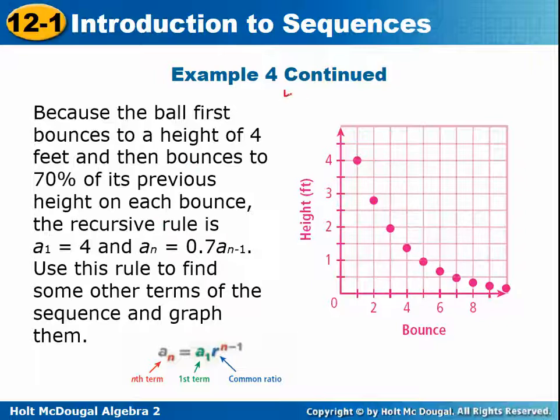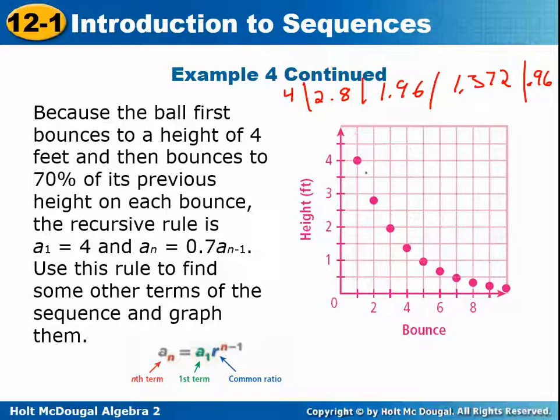So our first one was 4, and then we had 2.8. So I have to take 2.8 times 70%. Oh, sorry, it's 1.96. I think I said something else before. So it's almost 2. And then I take 1.96 times 0.7, and I get 1.372. I'll go one more. And then I take that times 0.7, and I get 0.96.